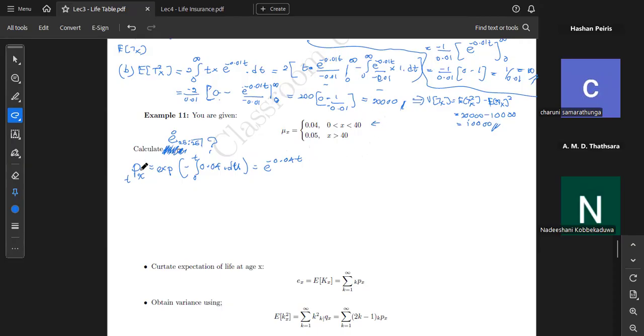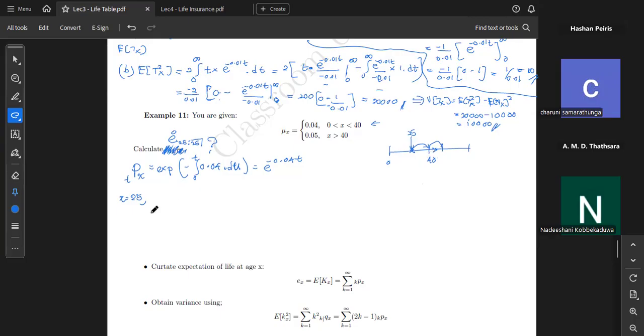But in our case, x is 25. That means we have 0 to 40 and 40 beyond, so we are already past 25 years. Now we are here. Surviving for 25 more years means we have 15 years from 25 to 40, and then 10 more years.